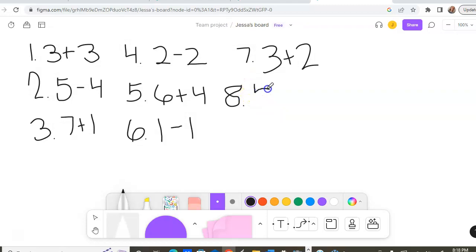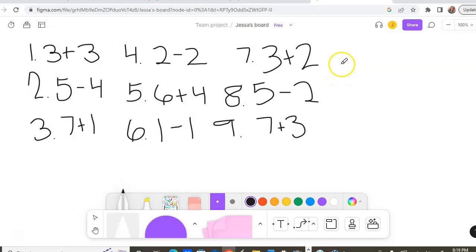Let's do 5 minus 2. For our ninth problem, let's do 7 again. 7 plus 3.